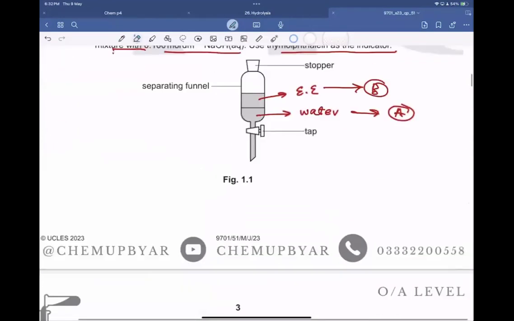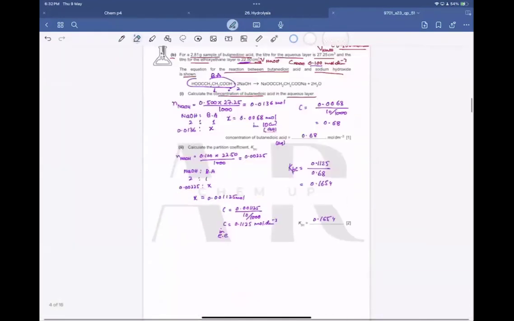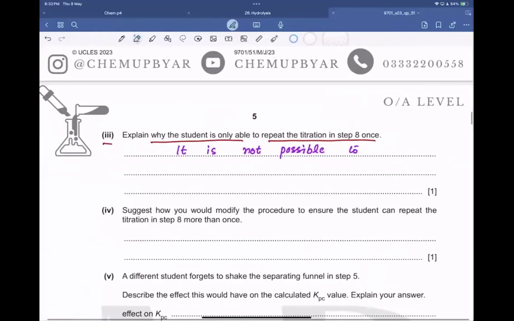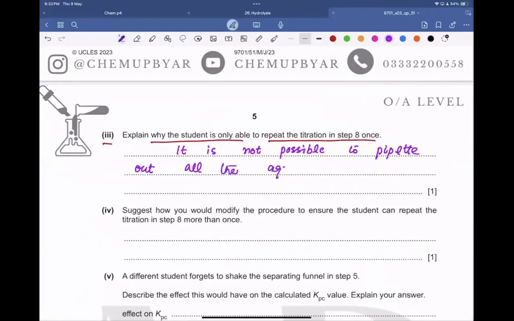So that's why we are not able to repeat the titration. So it is not possible basically to pipette out all the aqueous layer.